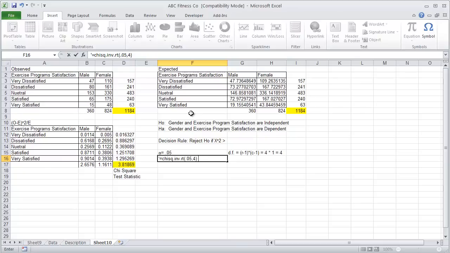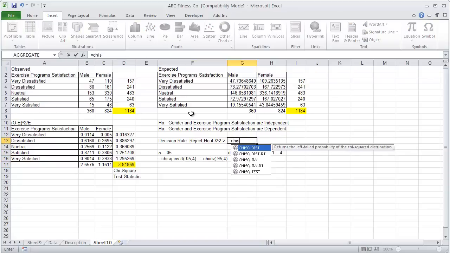If you're using an older version, you can type in equal chi-square inv, I believe it is, .95 comma 4. So let's try both of those out.